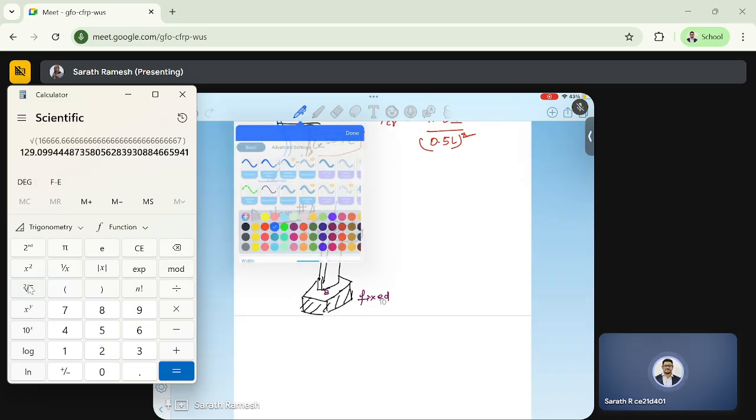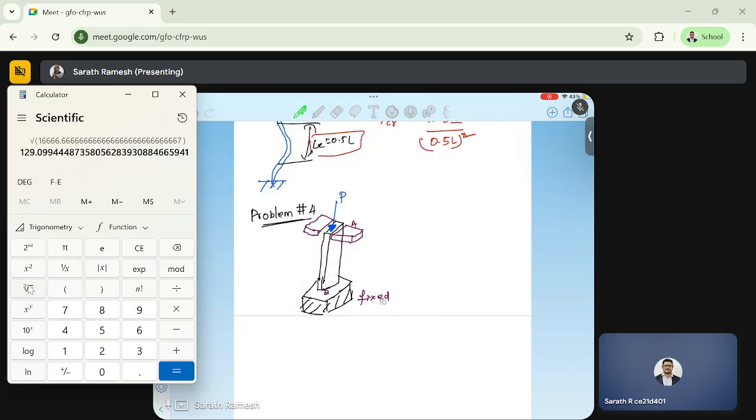And say my axis is, this is y axis, this is z axis, this is x axis.